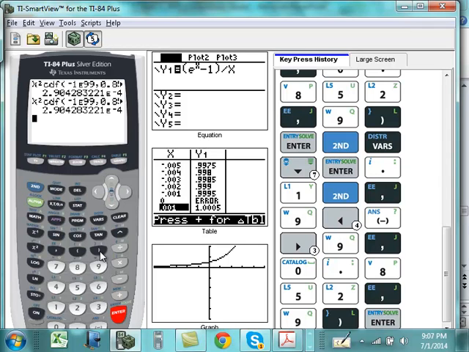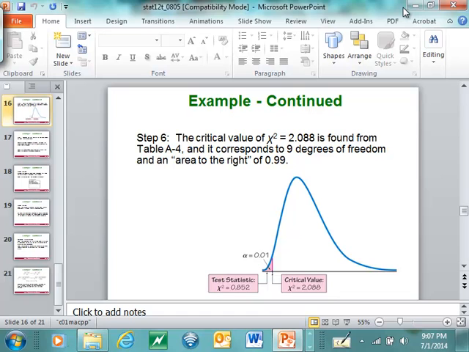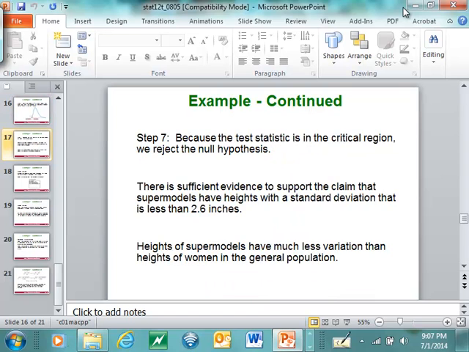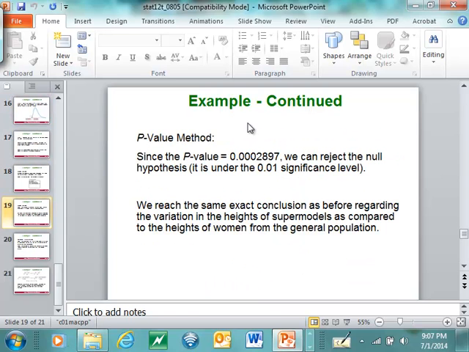And notice it gives you a value of about 2.9 times 10 to the negative 4th power, which is a really small value. And it's much smaller than alpha. Remember, alpha was 0.01.